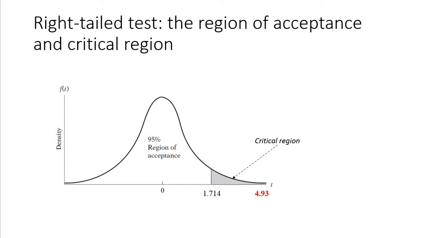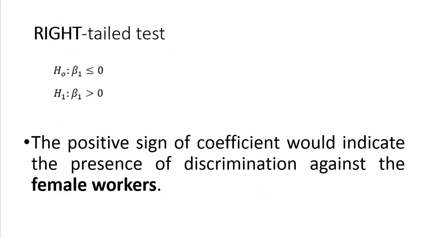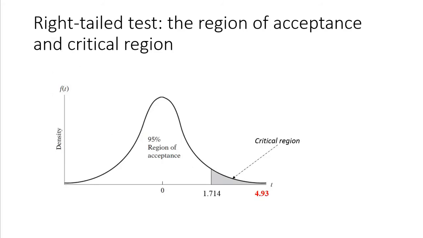We can see that t statistics we calculated before is located here in critical region, which means that we have to reject zero hypothesis in favor for the alternative hypothesis. In other words, beta 1 is indeed bigger than 0. And naturally, this test is called right-tailed test because we use only right tail of the t-distribution.